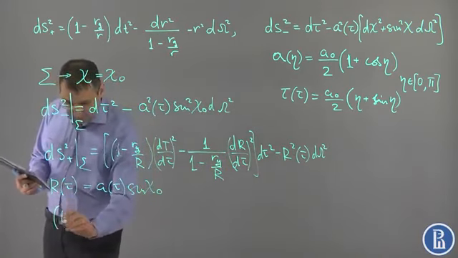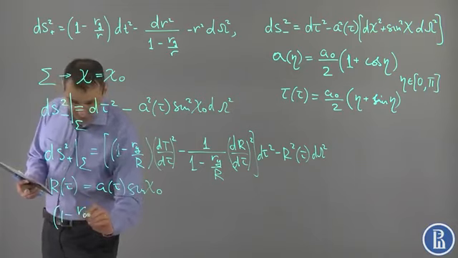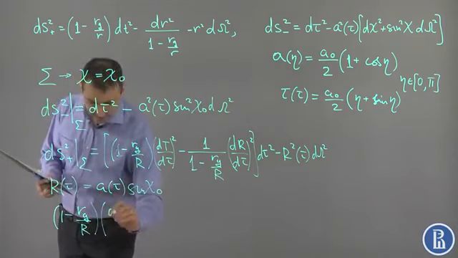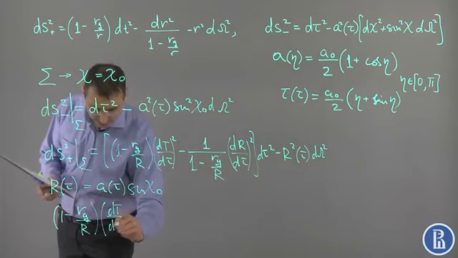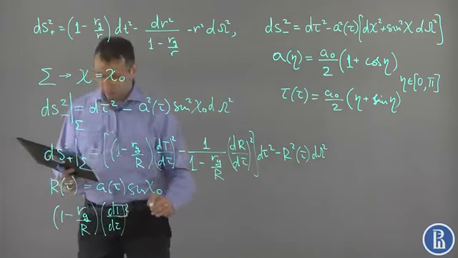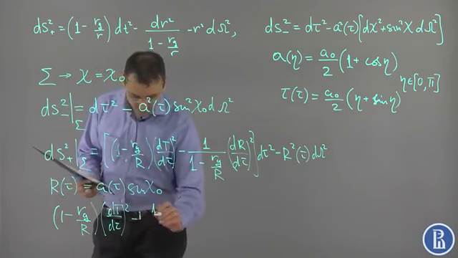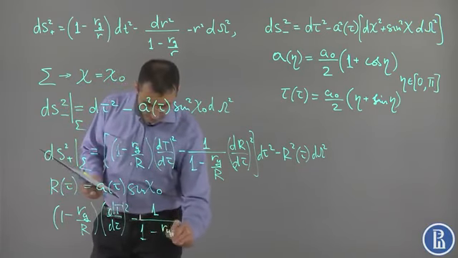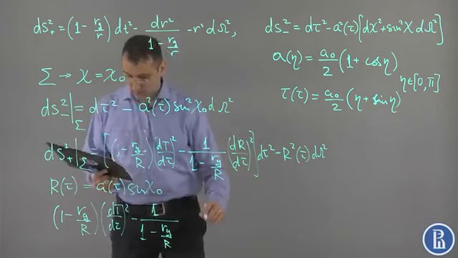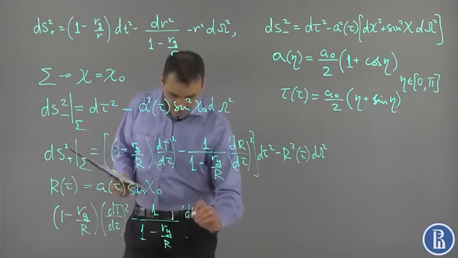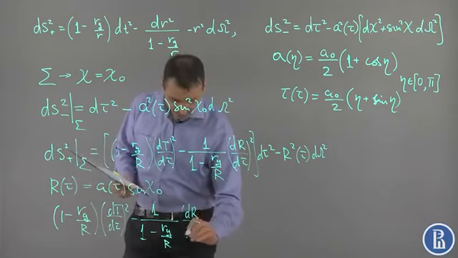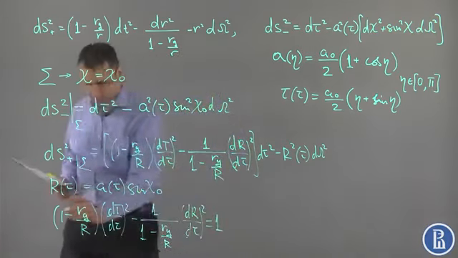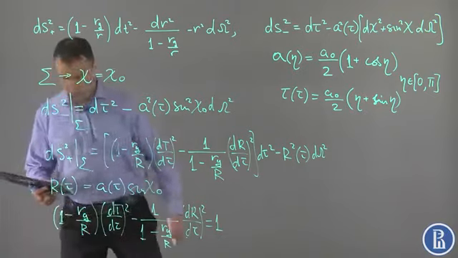And (1 minus rg over r) (dt over d tau) squared minus 1 divided by (1 minus rg over r) (dr over d tau) squared equals 1. So these are the relations.